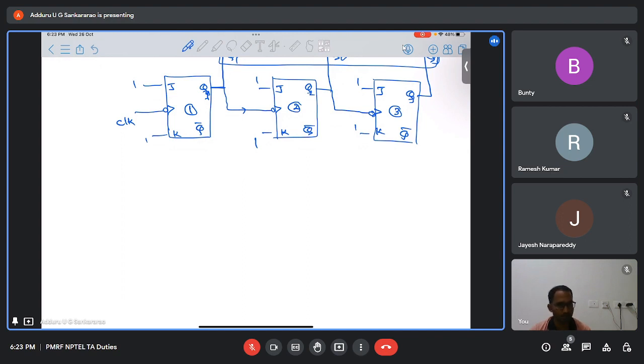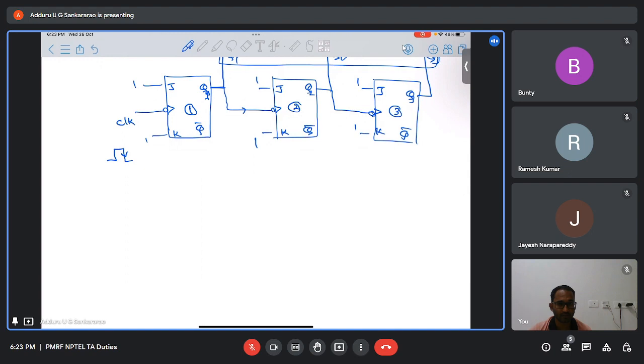Since J and K both are ones, when the negative edge of the clock occurs, the output toggles. That means for every clock pulse at the negative edge, the output of the first flip-flop, Q1, will toggle.